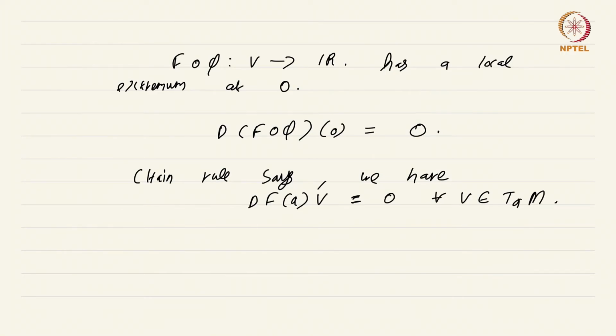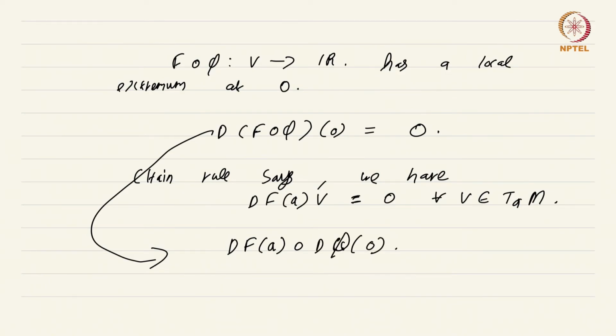Okay, why is this the case? Well, think about this. The chain rule will tell you that d(f composed with phi) at 0 is nothing but dfA composed with d phi at 0. But the tangent space is nothing but the image of this map d phi.